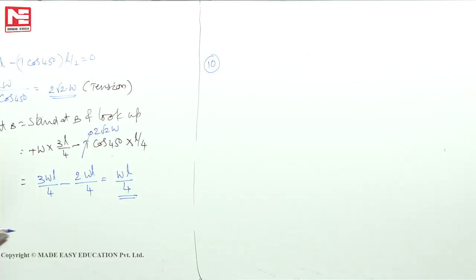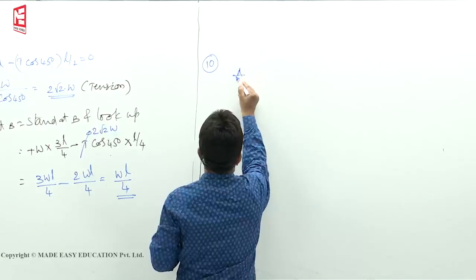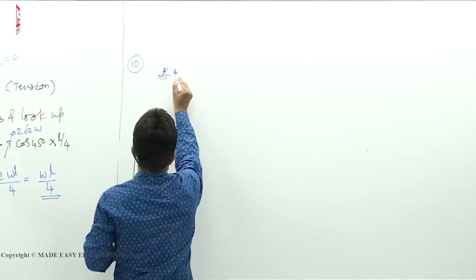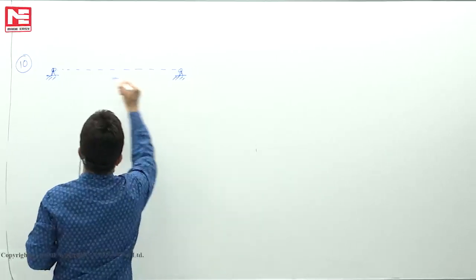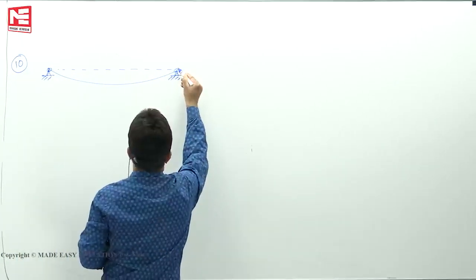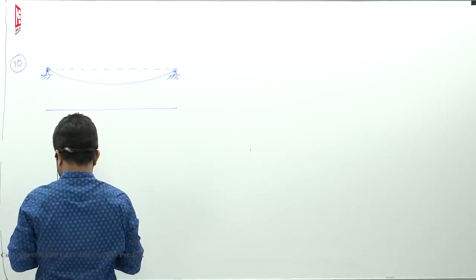Now, see here, this is the problem. We have a cable, span we don't know. We have to find the span. This is subjected to a uniformly distributed load, UDL.